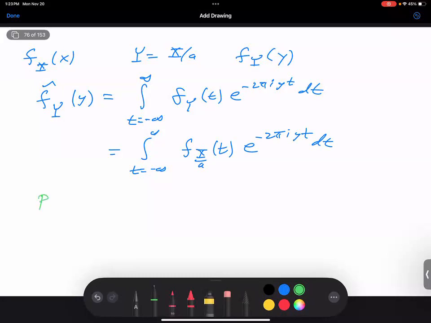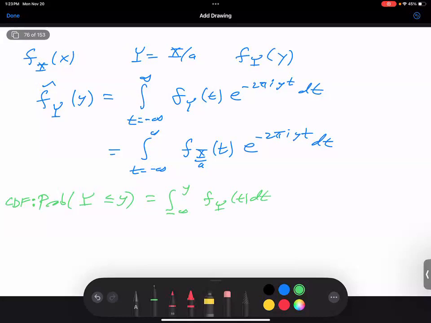The probability that y is less than or equal to little y is called the cumulative distribution function. It's the probability I take on a value at most y. This is the integral from negative infinity to y of the density of y of t dt.